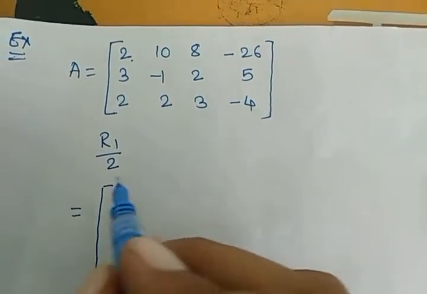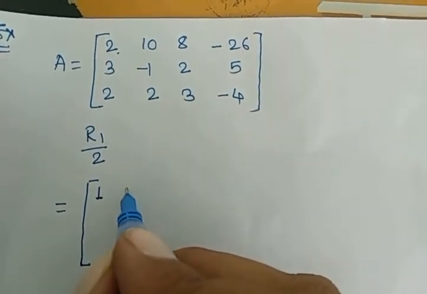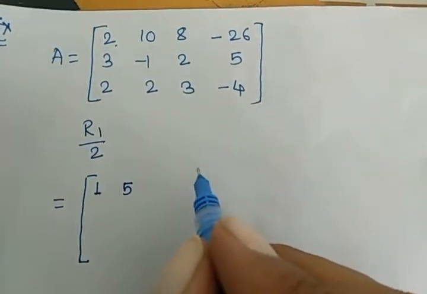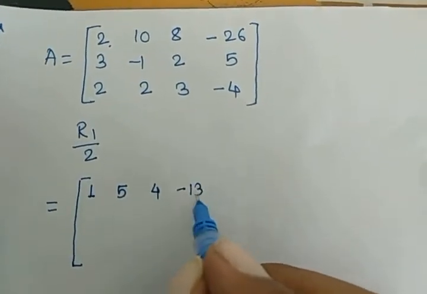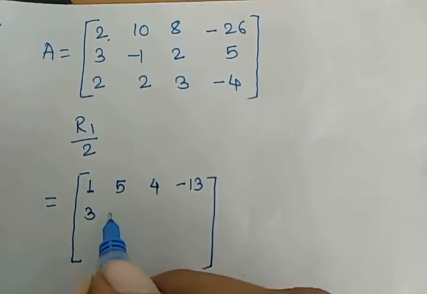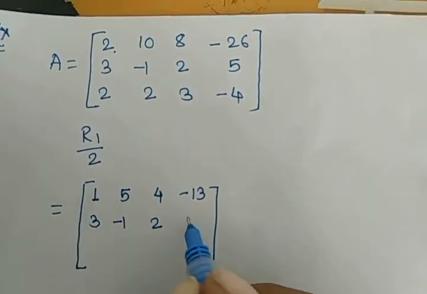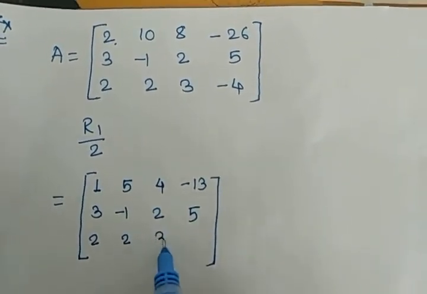After dividing the first row, we get 1, 5, 4, minus 13. Okay, this is our first row. Second row is 3, minus 1, 2, 5, and third row is as it is: 2, 2, 3, minus 4.